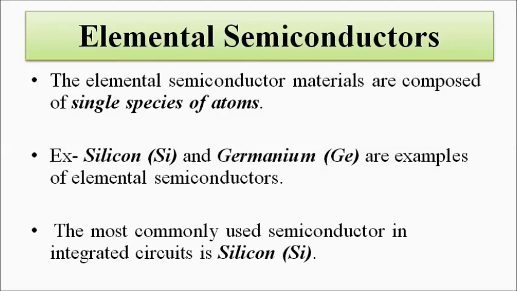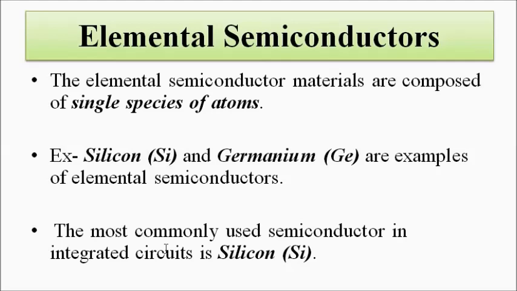The elemental semiconductors are composed of a single species of atoms, okay, one type of atoms. Most commonly used elemental semiconductors are silicon and germanium, and mostly silicon is used in the electronic industry. It is the most popular choice.